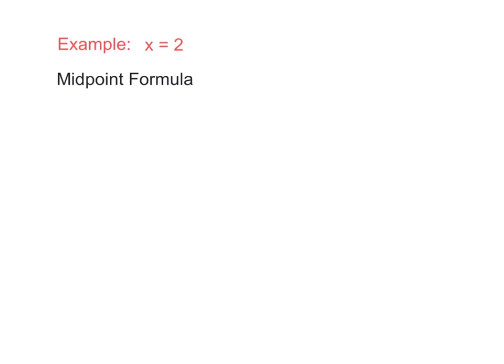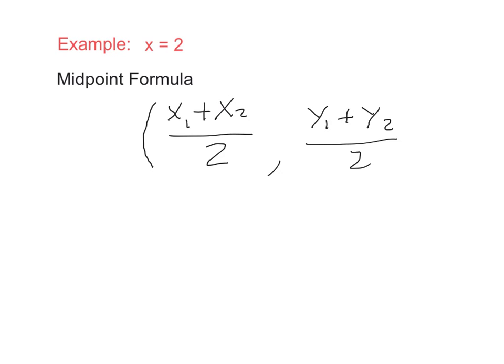The midpoint formula says that the x-coordinate of the midpoint is simply equal to x1 plus x2 over 2, and the y-coordinate of the midpoint would simply be y1 plus y2, also over 2.